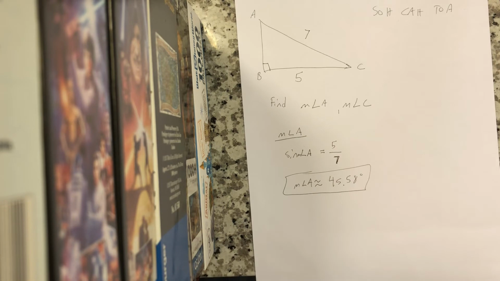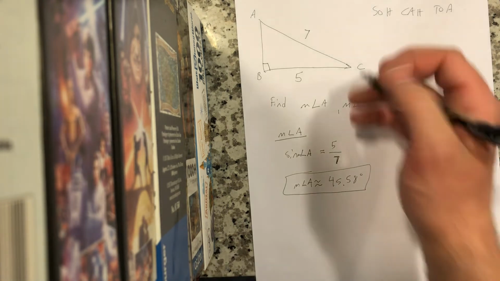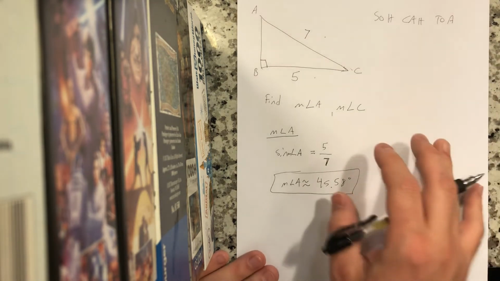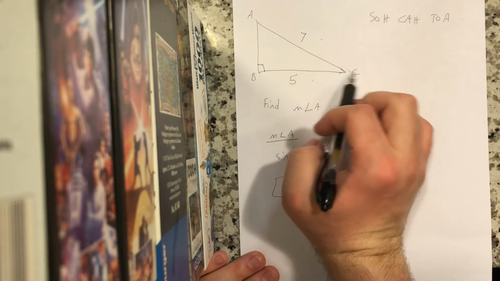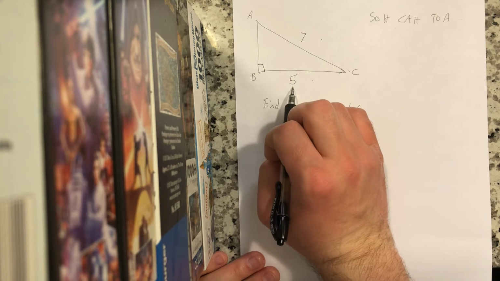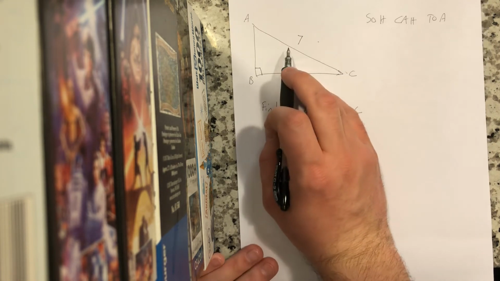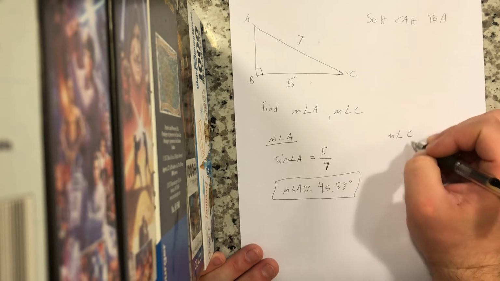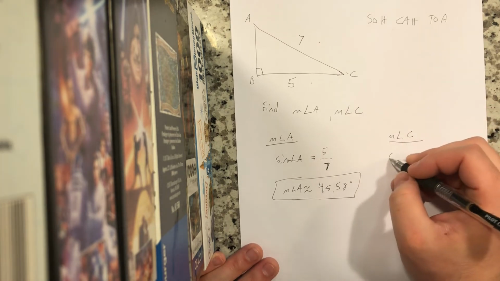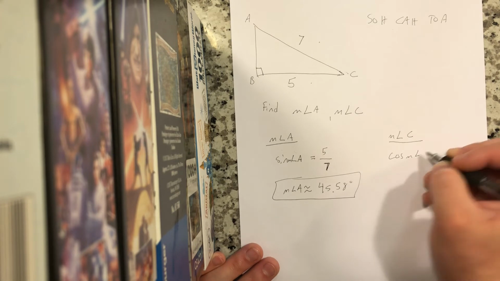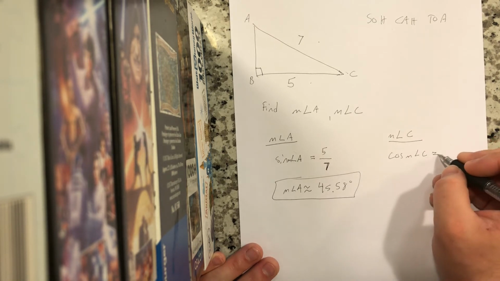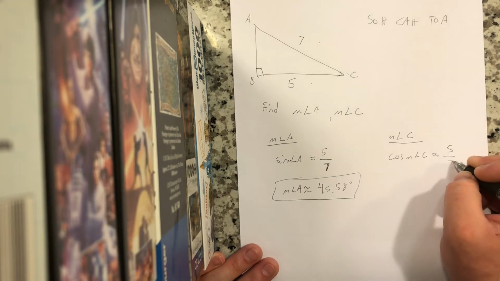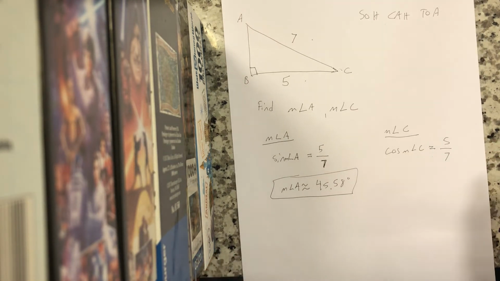So there's that one. And then to do C, we're going to again use this 5 and this 7. In relation to this angle C, though, this 5 is adjacent, the 7 is the hypotenuse. So to find the measure of angle C, we're going to have the cosine of the measure of angle C equals the adjacent, which is 5, over the hypotenuse, which is 7.